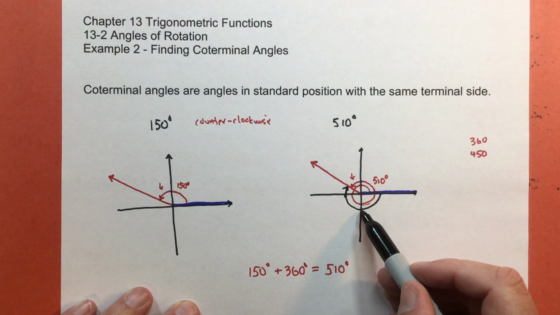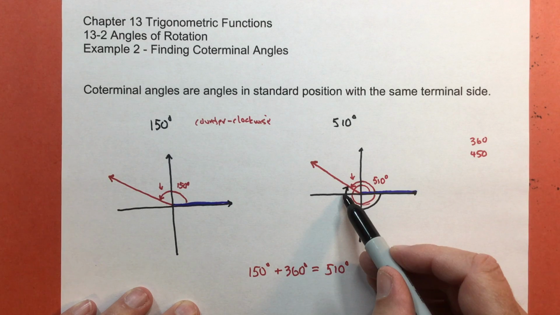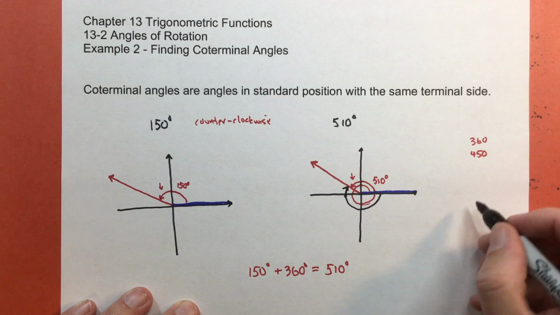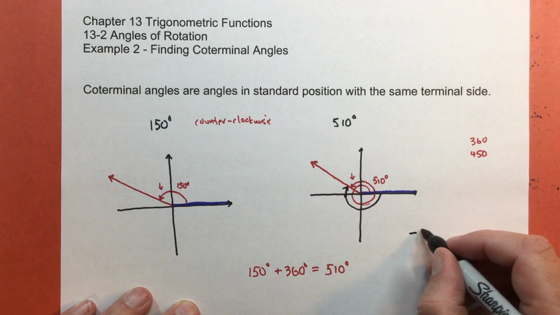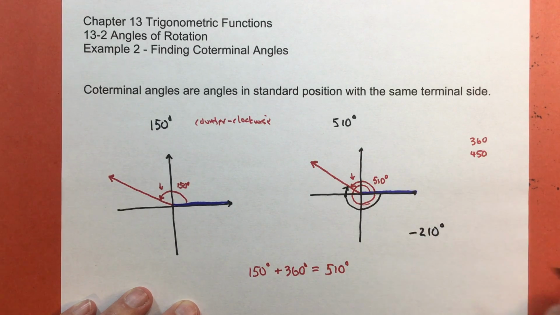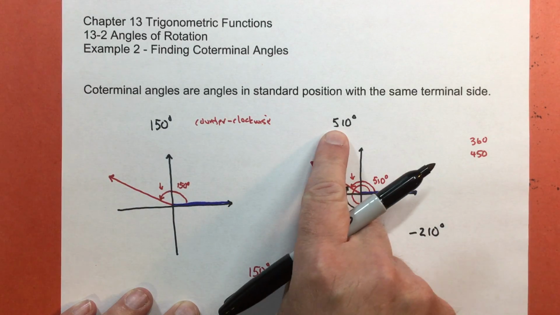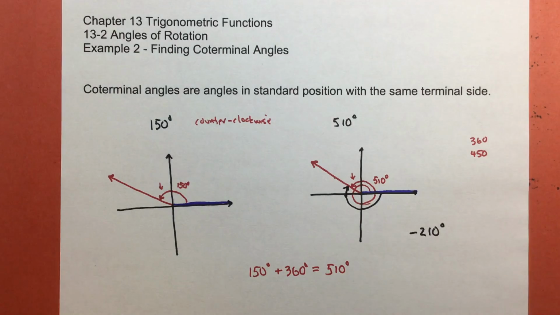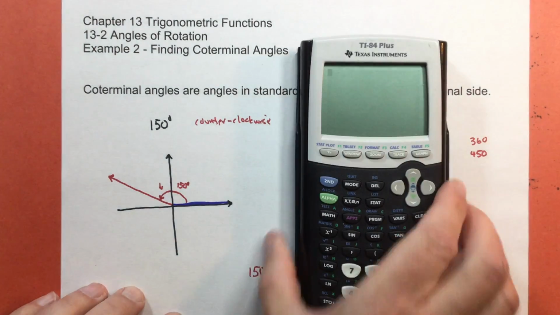So that's negative 90, negative 180, and I need to go 30 more. So another coterminal angle would be negative 210 degrees. 150, 510, and negative 210 degrees are all coterminal. And the only thing is whether or not you are adding or subtracting 360.